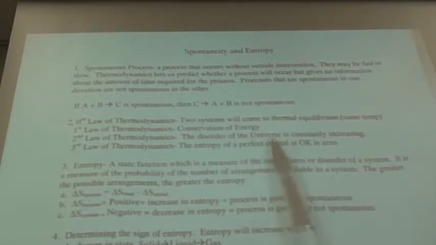I'm talking about the universe that is composed of the system and the surroundings. So the disorder of the universe is constantly increasing. The third law of thermodynamics says that the entropy of a perfect crystal at 0 degrees K, absolute zero, is zero. Please remind me to go back and explain that once I get done with this bit.